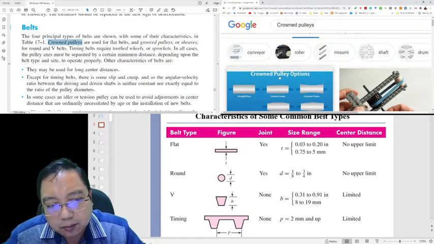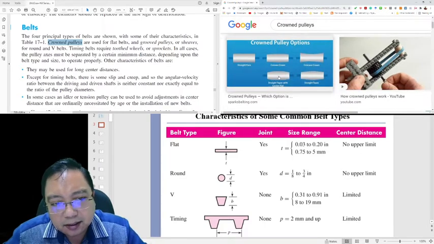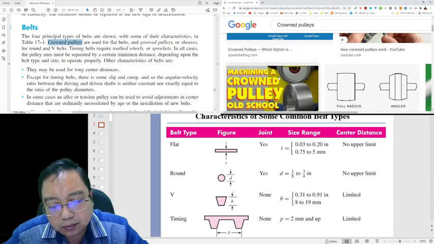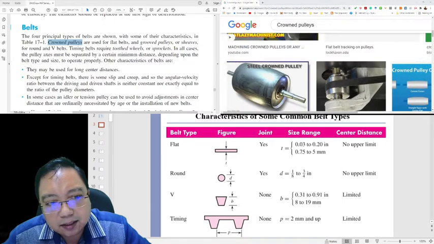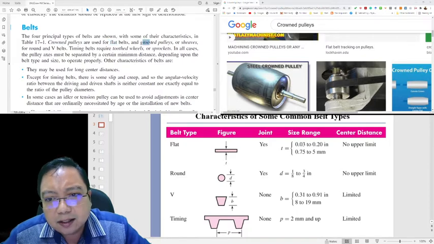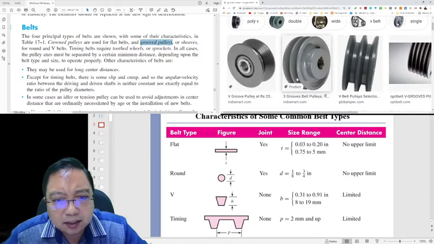This is the pictures of crown pulley. Basically I want you to have some idea of what the pictures of it are. This is the crown pulley, and then what are the pictures for flat belts, grooved pulleys or sheaves? What are the grooved pulleys? It has a groove like this.